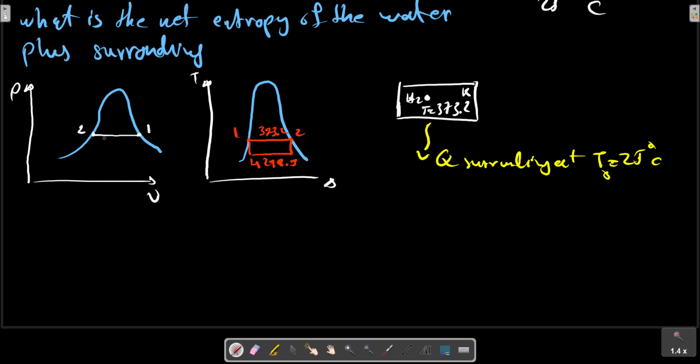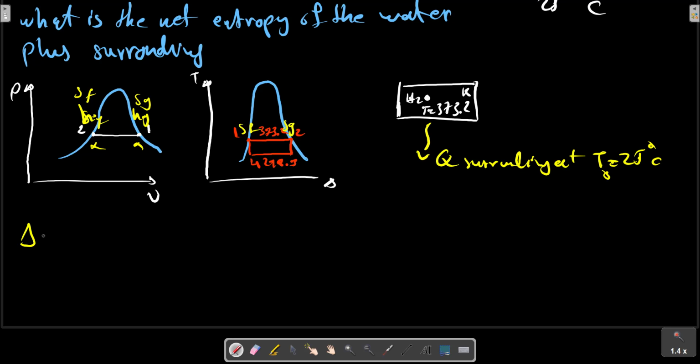For the change from saturated liquid to saturated vapor we have HF, HG, SG, SF, SFG.